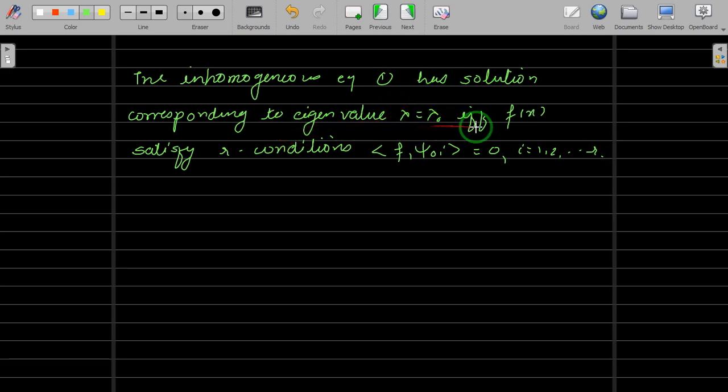It has a solution at lambda equals lambda 0 if and only if f of x satisfies this, what we have proved.